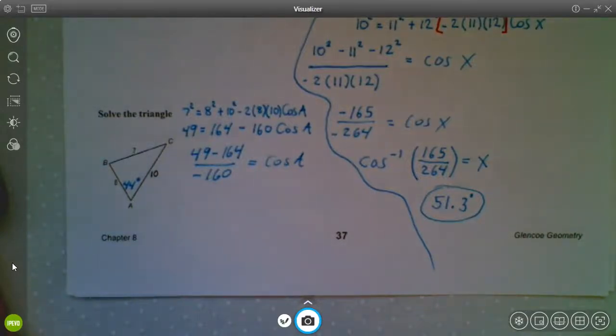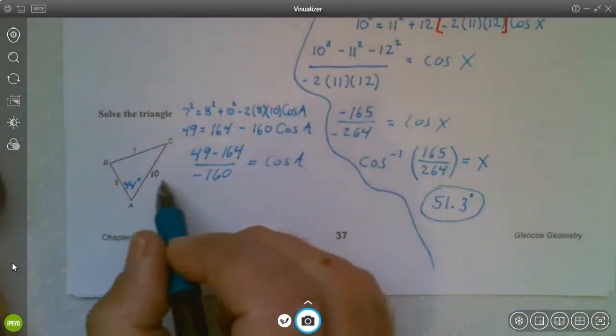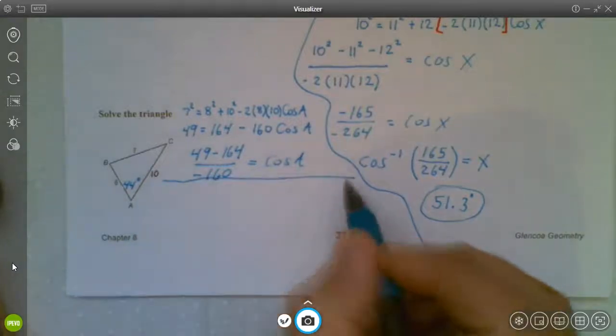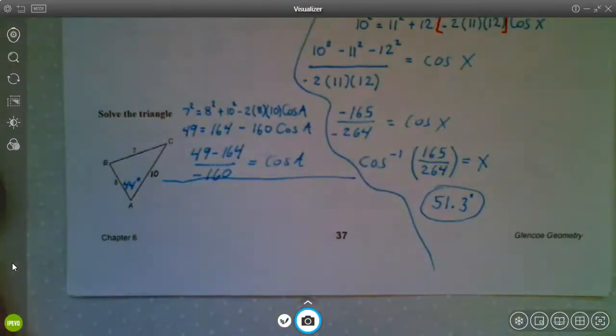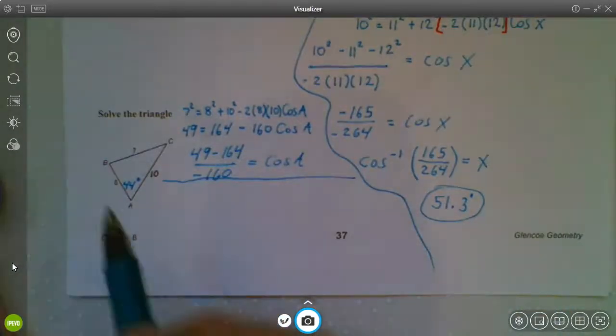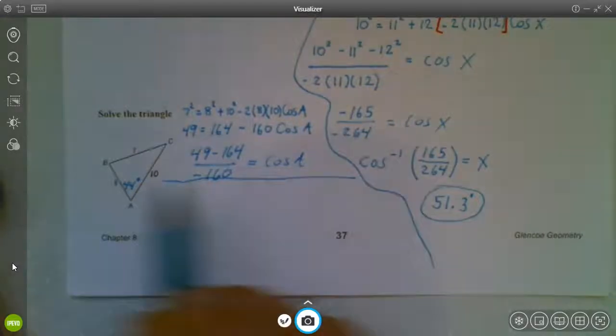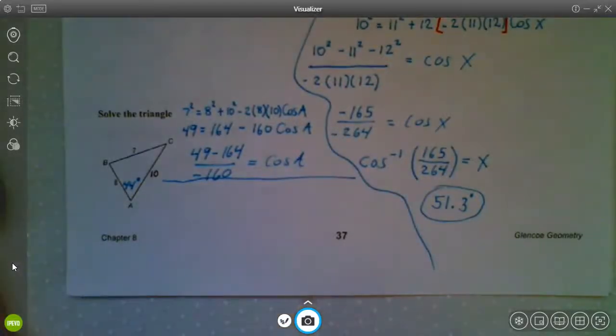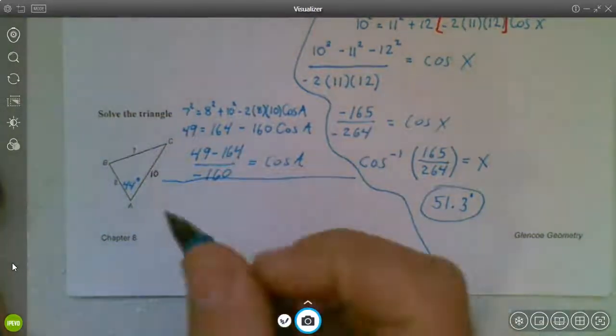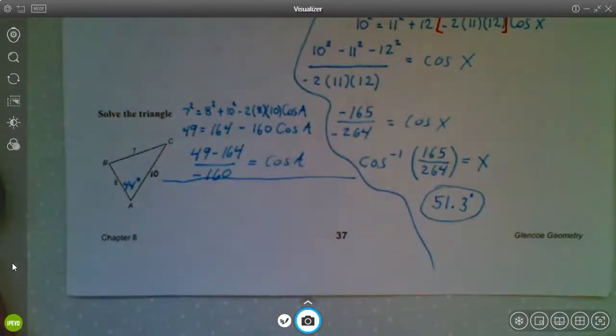Instead of going into super depth on all of that, let me just tell you what they would tell you is the safe approach. The safe approach is, if you're finding a missing angle, to use the law of cosines every time. So that's going to be their advice, so I'm going to stick with that for now. So whenever we're missing an angle in a non-right triangle, I'm going to use the law of cosines.